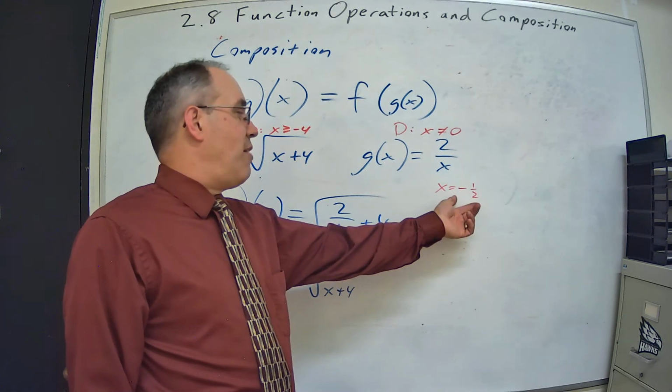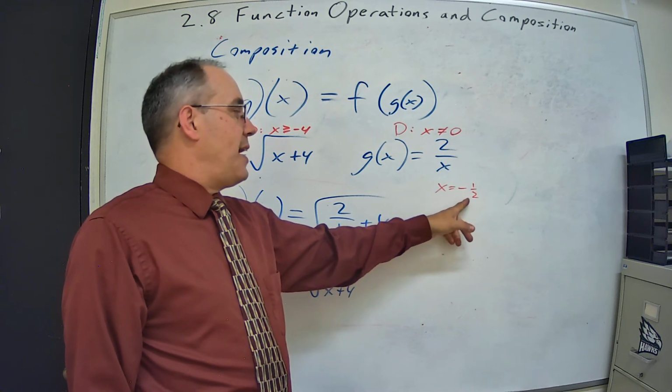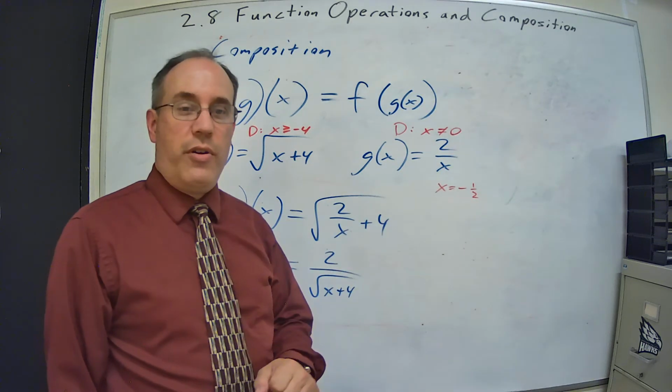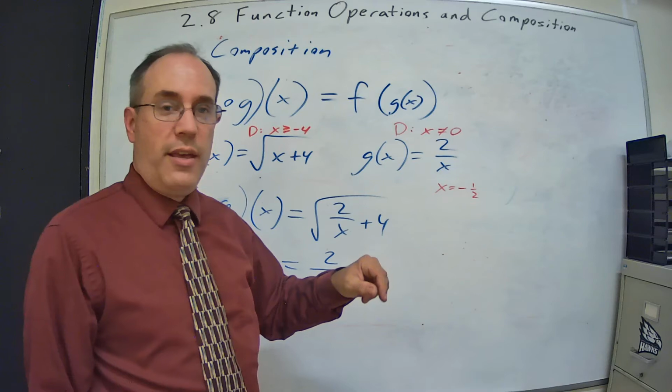But if we have anywhere from negative 1/2 to 0, this is going to get too big.